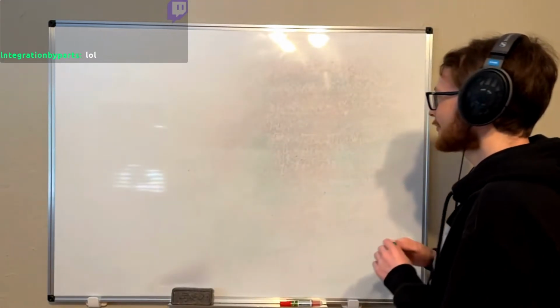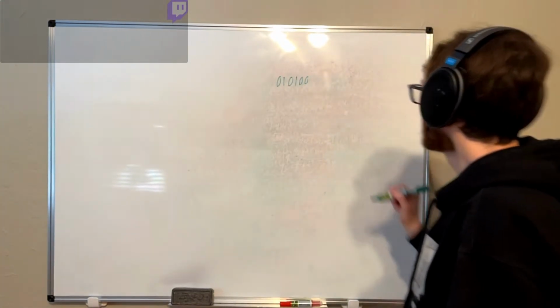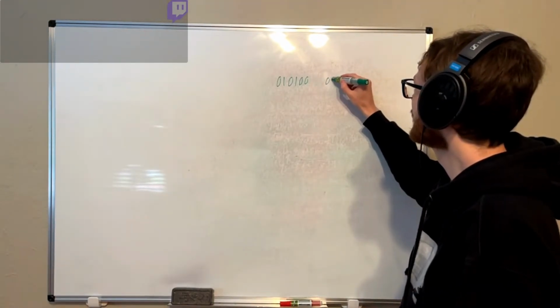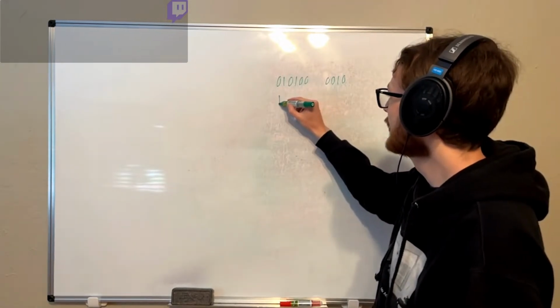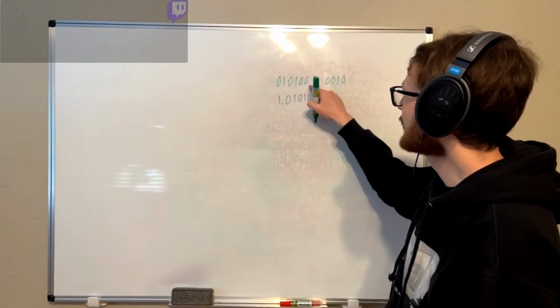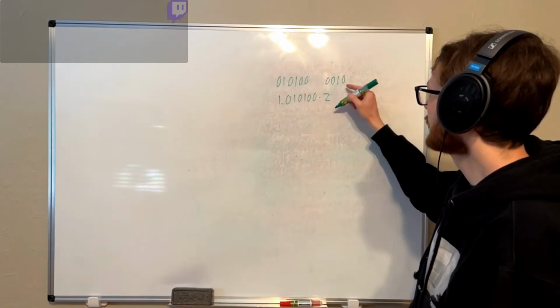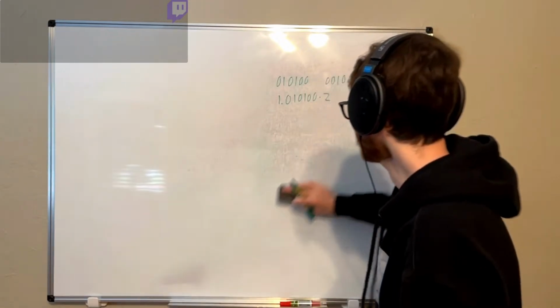So I'm assuming these are all just positive numbers. And if what's stored in memory is 0, 1, 0, 0 for the mantissa and 0, 0, 1, 0 for the exponent, I think you would translate this to be 1.010, like this entire thing with a leading 1 point in front of it, times 2. This is messy notation, right?